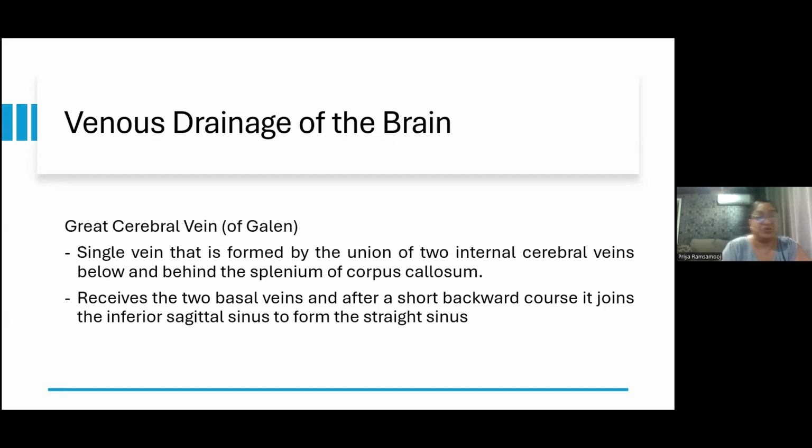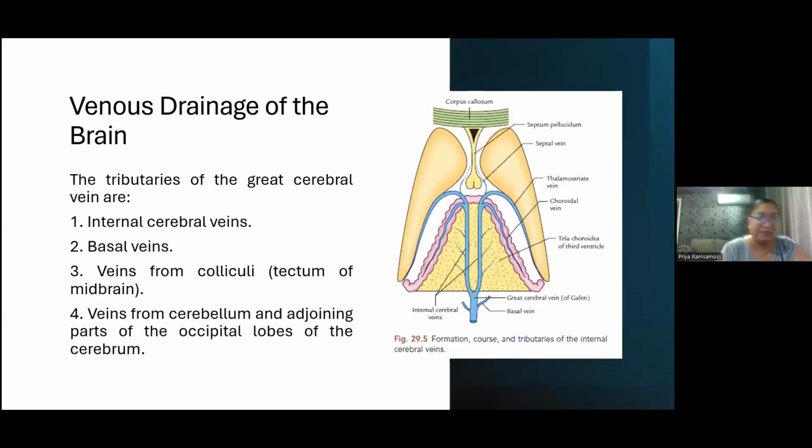After a short backward course, it joins the inferior sagittal sinus to form the straight sinus, right? So the tributaries of the great cerebral vein are the internal cerebral veins, the basal veins, other veins from the colliculi and veins of the cerebellum. But the big ones are the internal cerebral veins, which you see here, and the basal vein, which you see here, join to form what? Great cerebral vein of Galen.